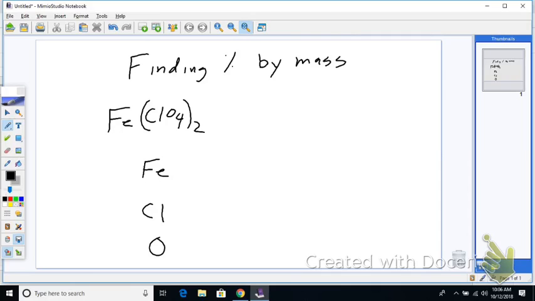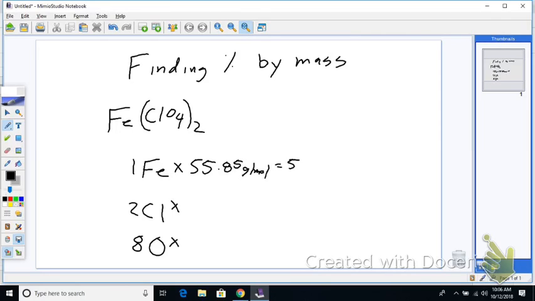So this should look really familiar. There's one iron, and there's 2 chlorines, and there's 8 oxygens. So then we just go ahead and multiply it by their molar weights, each one separately. So iron is 55.85 grams per mole.